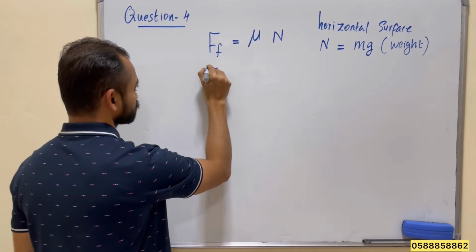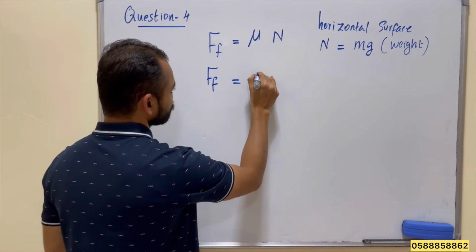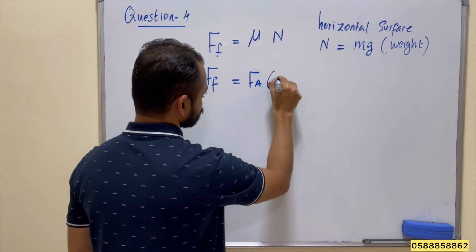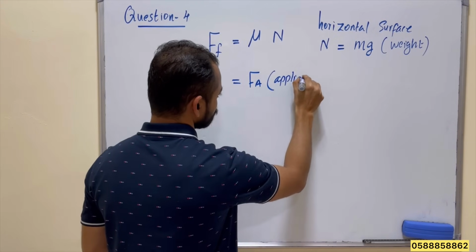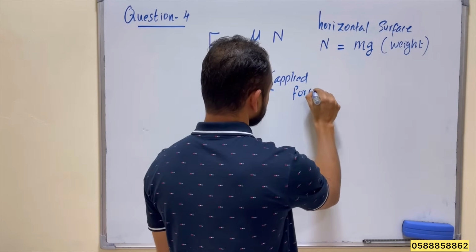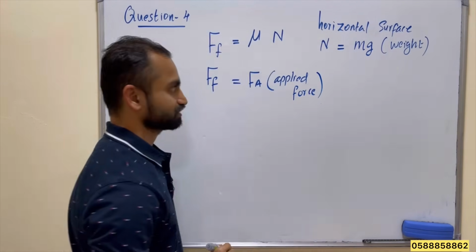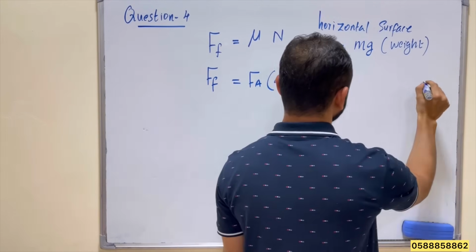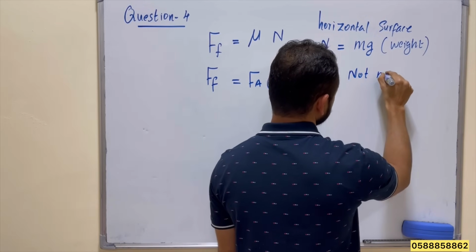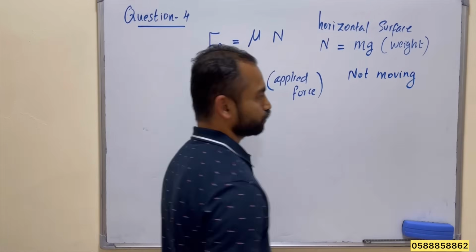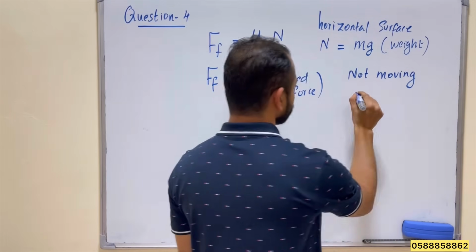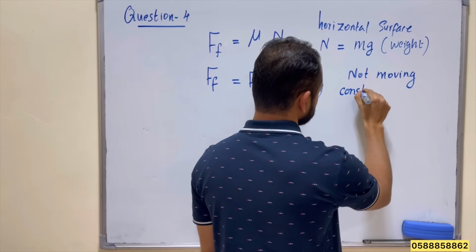For example, we have this equation: frictional force is equal to the applied force. I will write F_A for applied force. Frictional force is equal to the force you are applying on the object when the object is not moving, you are applying the force but the object is not moving, or the object is moving at a constant speed.